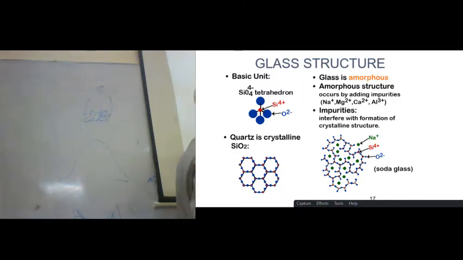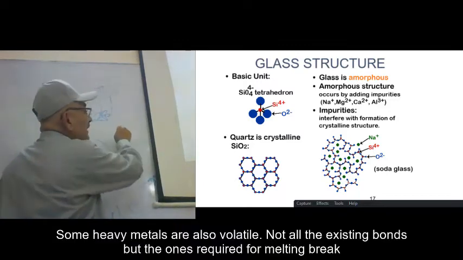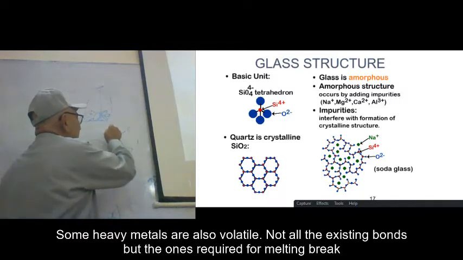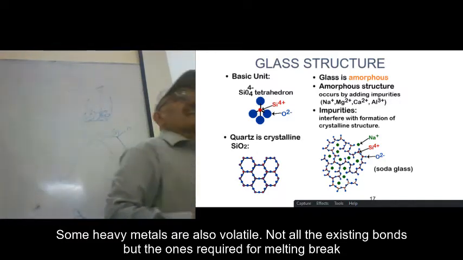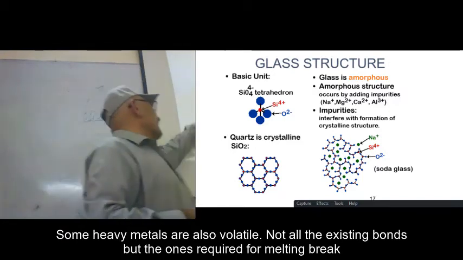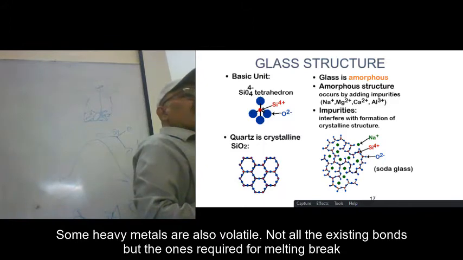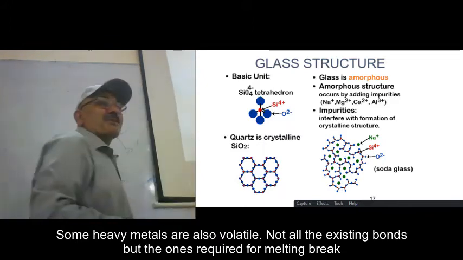Otherwise, I am not making your board dirty, but this is silicon, oxygen, and like this. And every place you look, you are seeing things like that. But when it is like this, it is giving us sharp peaks. And when it is like this, it gives us the amorphous hump.